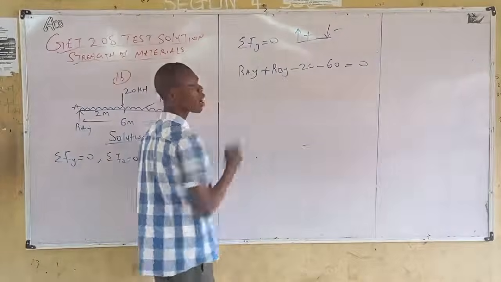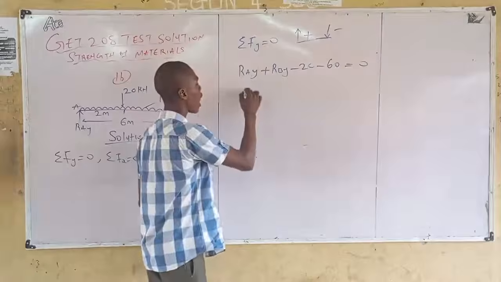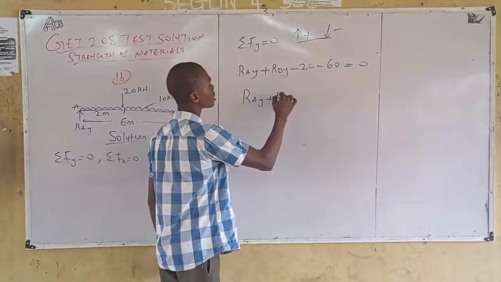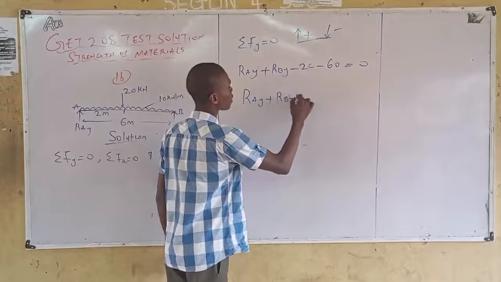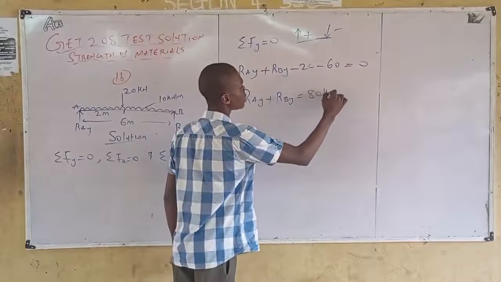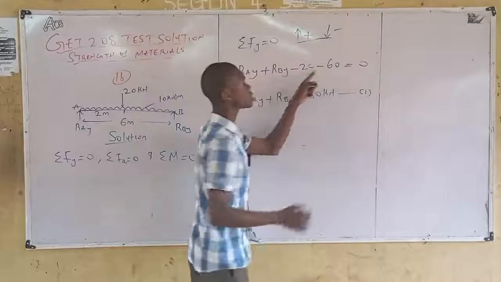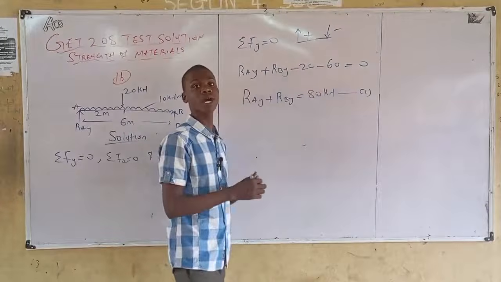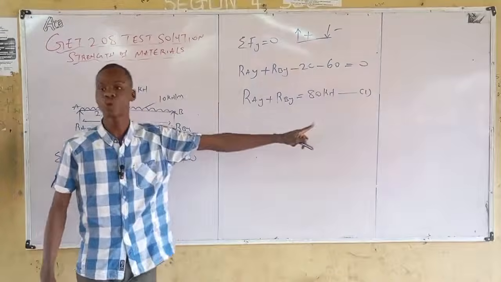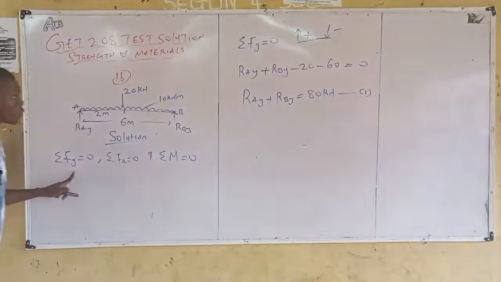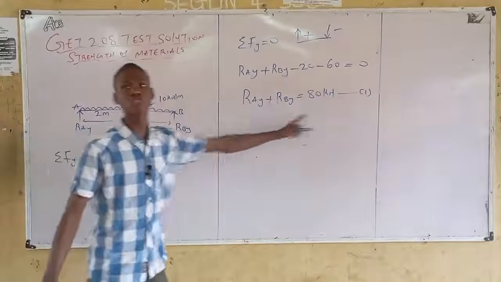That is, RAY plus RBY equals to what? 80 kilonewton. This and this will give us minus 80, right? Minus 80 going to the other side, we have 80 kilonewton. So this is equation 1. For the first condition of equilibrium, you've applied it, you got equation 1.